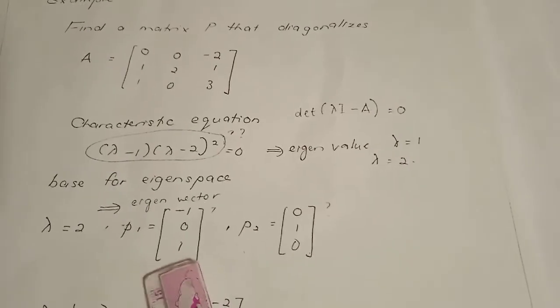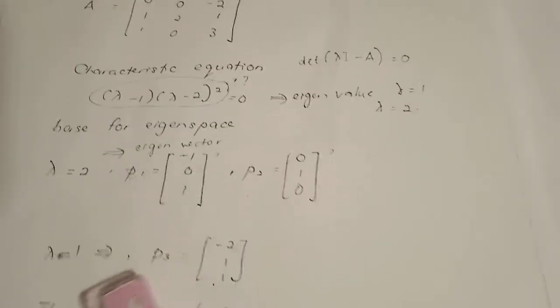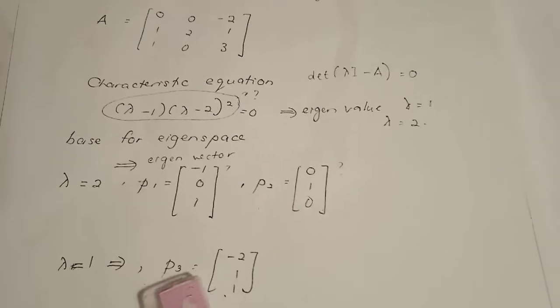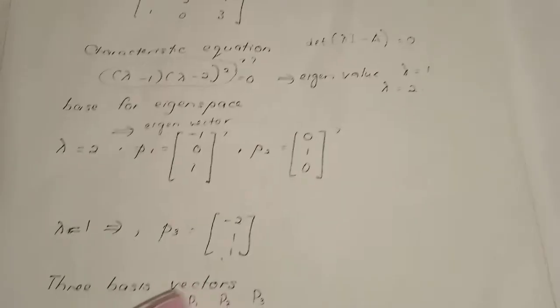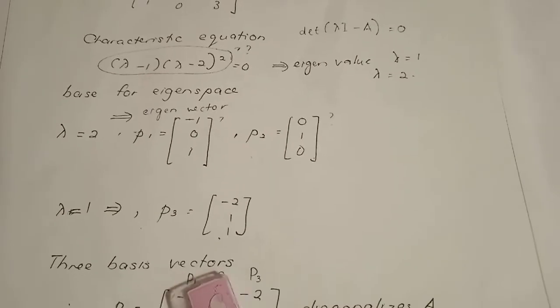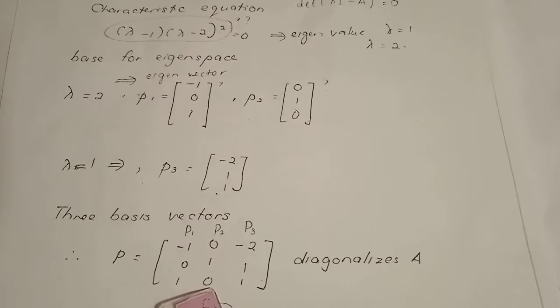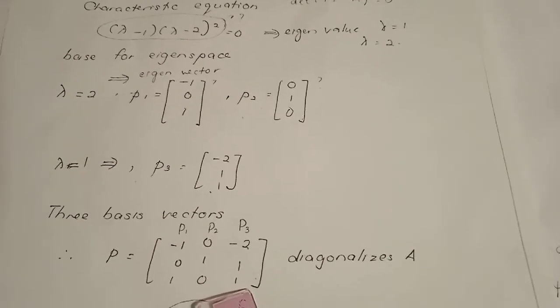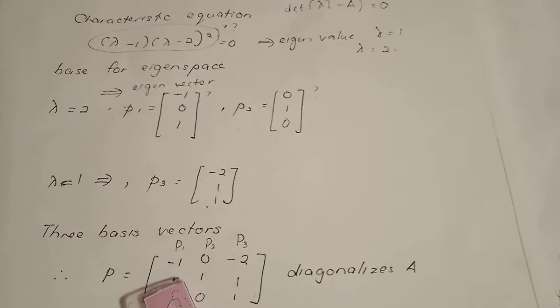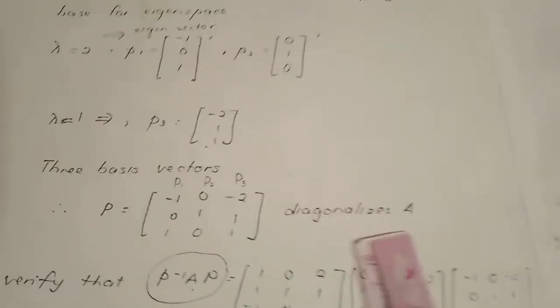From that we get two eigenvectors. For lambda equal 1, we get this eigenvector. Therefore, a basis for matrix P is given by P1 for column 1, P2 column 2, P3 column 3. So this is a matrix that diagonalizes A.